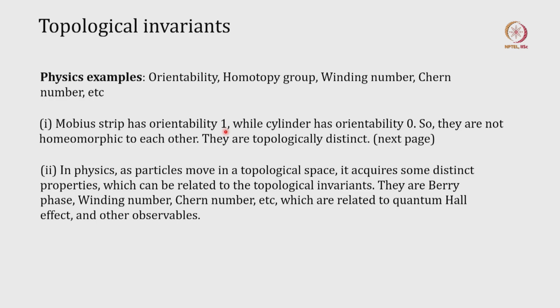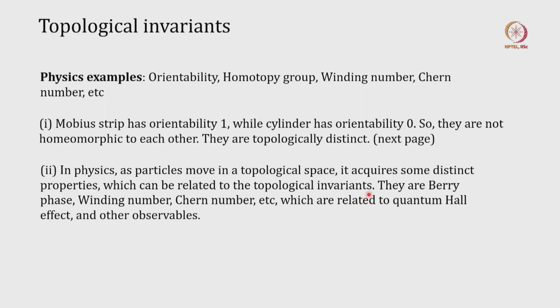So, these are indeed topological invariants that change. In physics, as a particle moves on a topological space, it acquires some distinct properties which may be related to topological invariants, and those are the properties we will eventually be interested in, because those are the things we can measure, and those are the properties that remain robust as long as the topology remains robust. The Fermi surface remains robust, the Brillouin zone remains robust.